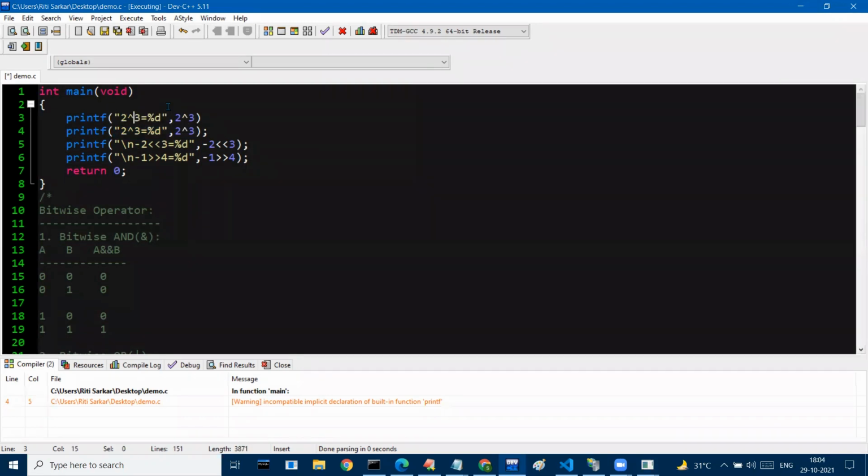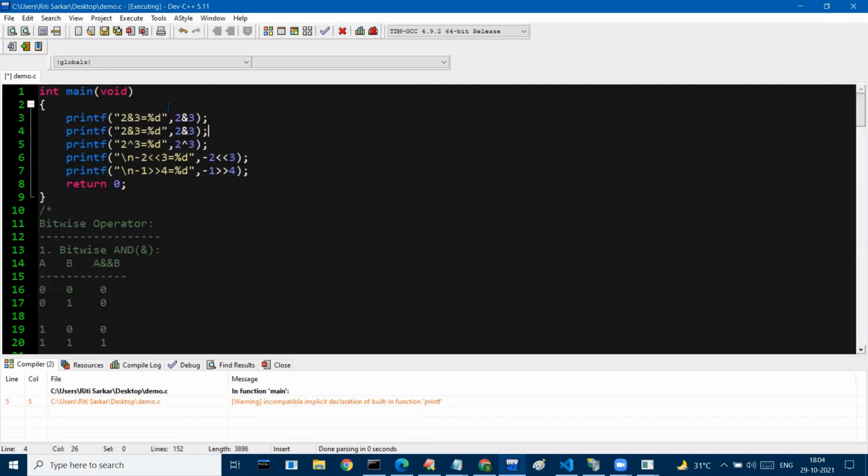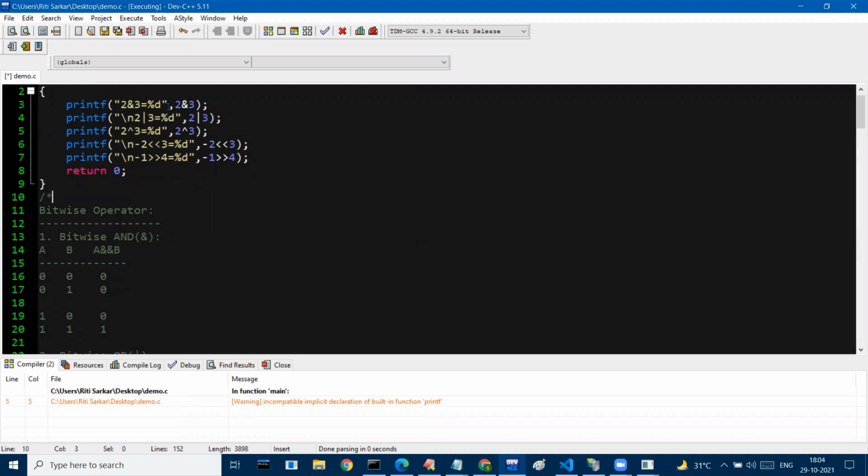One is with bitwise AND and another is with bitwise OR, only one bar sign. Then a newline. First one is what? Bitwise AND.